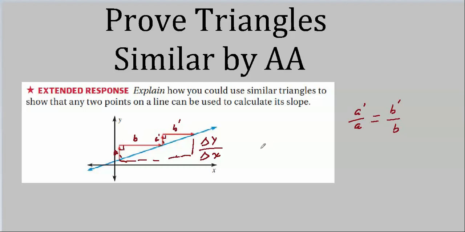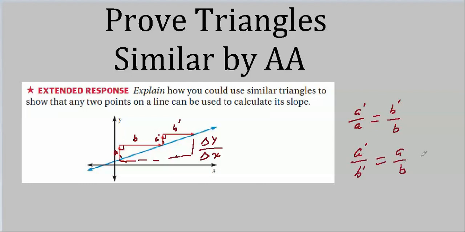We can start with our similarity relationship, which tells us that the ratio of, say, A prime to A is the same as the ratio of B prime to B. So I just wrote that out over here. There's our similarity ratio. But we can exchange the means, can't we? So now we've got A prime over B prime equals A over B.